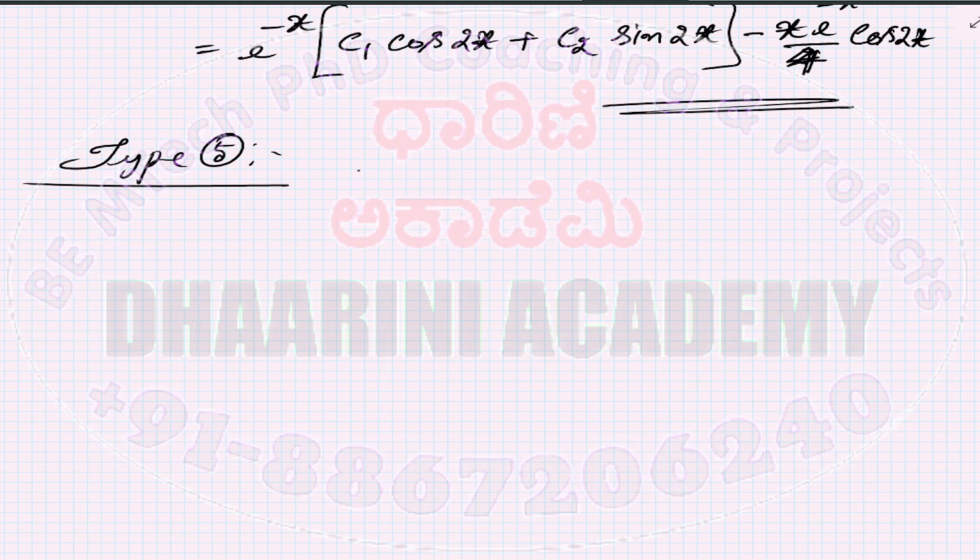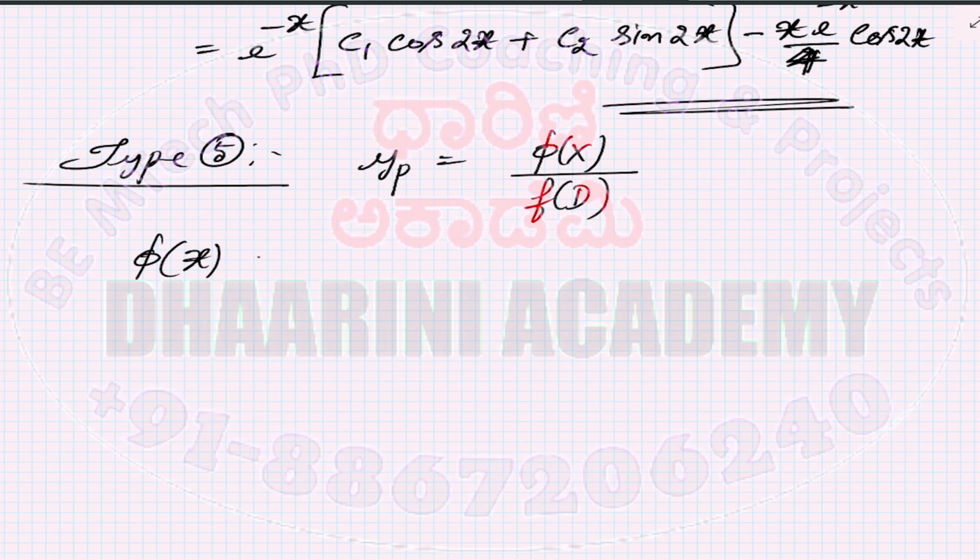So we know that the particular integral yp will be given by phi of x divided by f of D. In this case, we will see that type 5 includes a specific type of phi of x that will look like x into v, where v is a function of x.